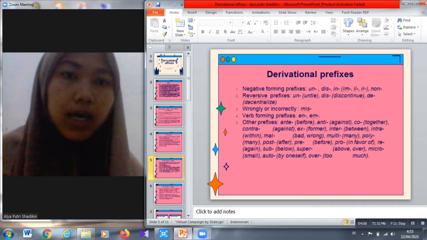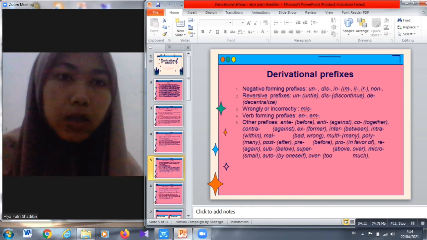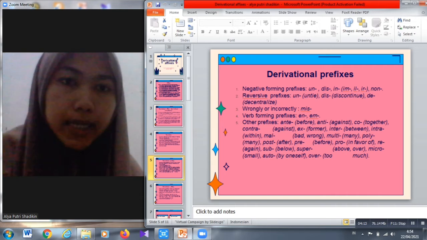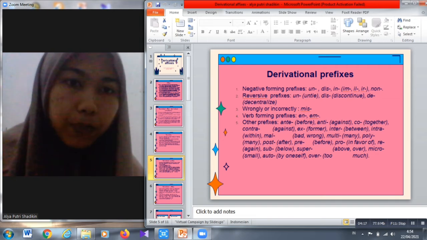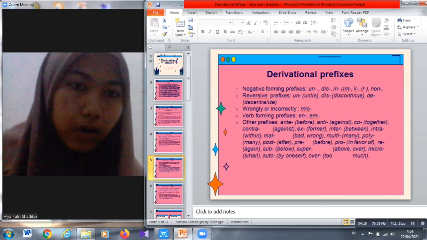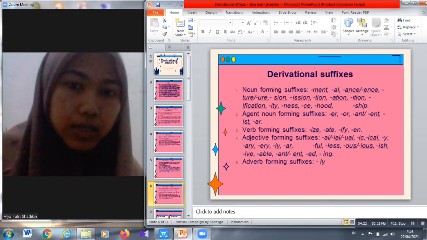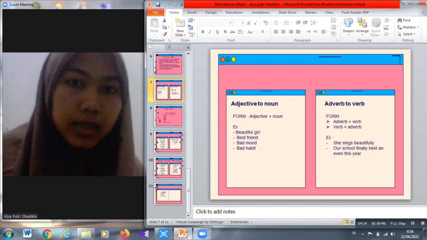This is the type of derivational prefixes. There are a lot, like negative forming prefixes and reversive prefixes, wrongly or incorrectly, etc. And these are derivational suffixes. This is one of the examples.